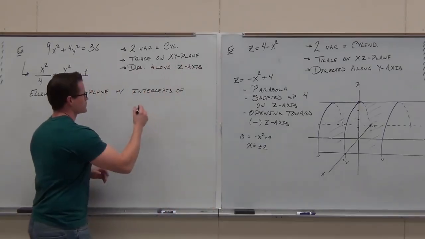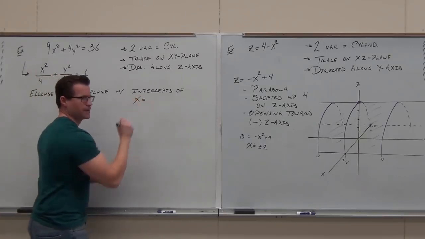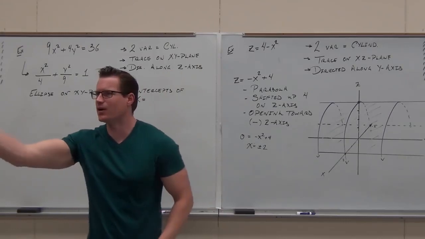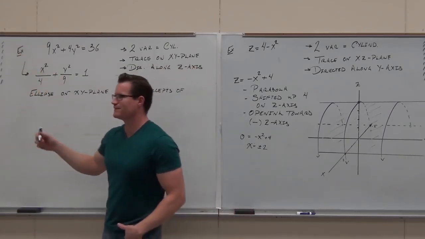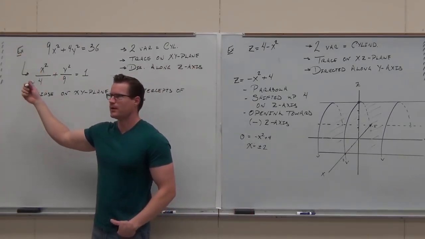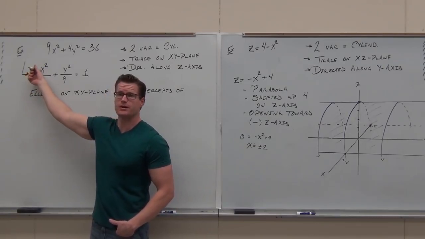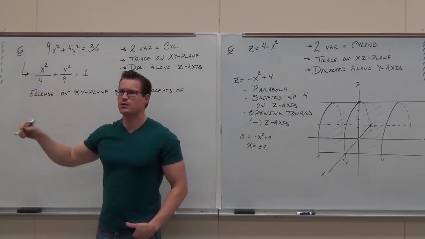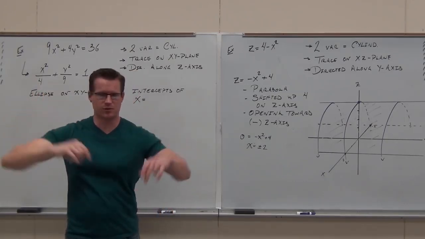What are the, for those of you who know, the x-intercepts of that ellipse? 2 and -2. How do you find out the 2 and the -2? Do you remember? Look underneath the x. What number is that? 4. Take the square root. Those are always your x-intercepts every single time. Just don't forget the plus and minus because ellipses spread out both directions.